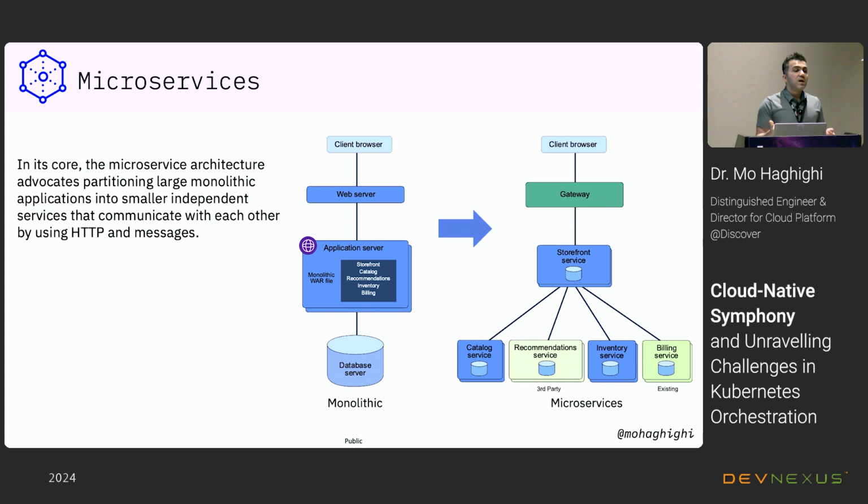The second one: if you want to have teams work on their own timeline, you don't have to have everyone working together at the same time. So let's say your billing service goes down, and you want the team in charge of the billing service to look it up and fix the error. In the past, if your services were all bundled together as one monolithic application, you had to have the entire team working together to fix that problem.